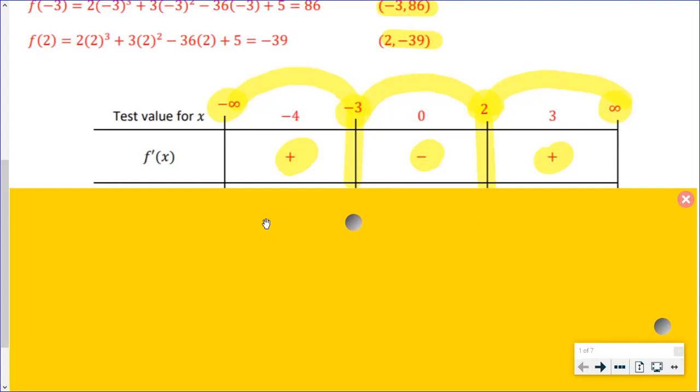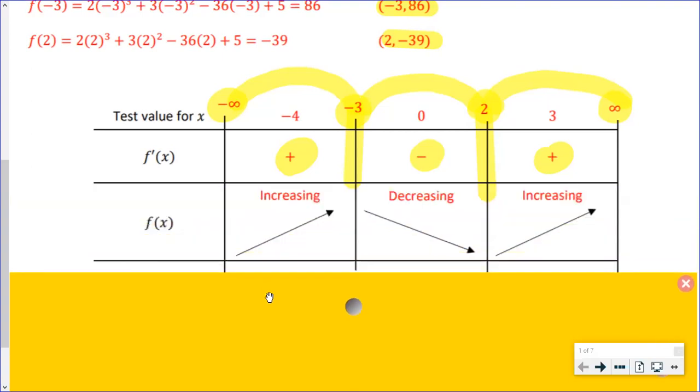So it does mean something, but we're more interested in the original function. When the derivative function is above the x-axis, we know the very first rule we learned in curve sketching is that that represents an increasing interval. Then a negative in the first derivative, below the x-axis, corresponds to a decreasing interval. So we have two increasing intervals and a decreasing interval here.